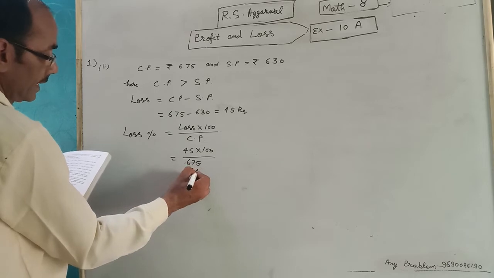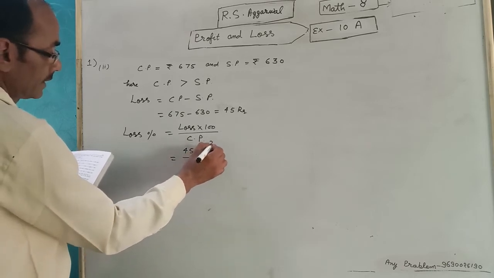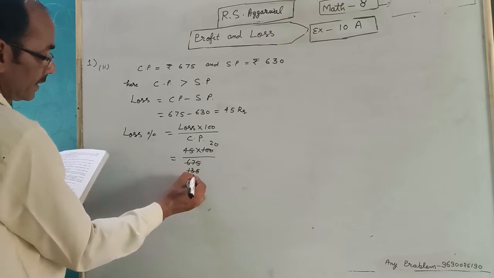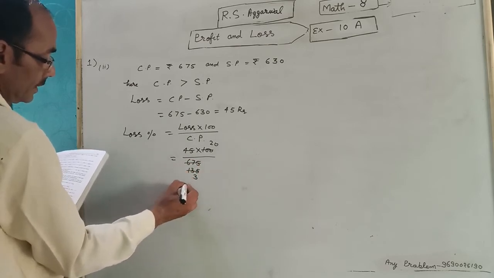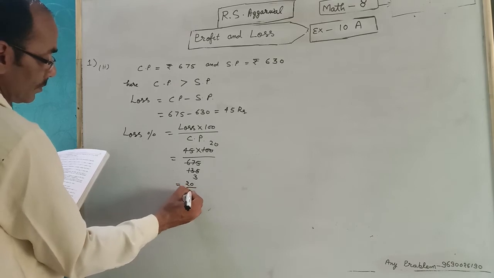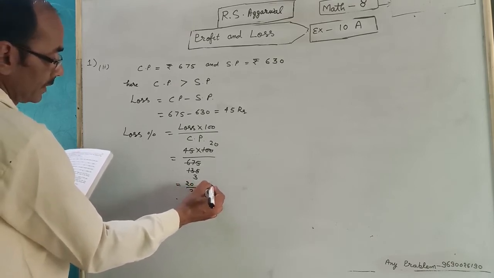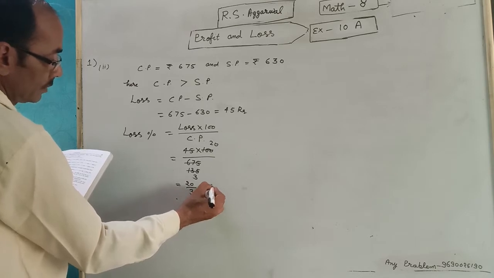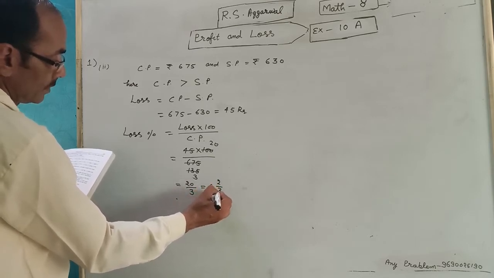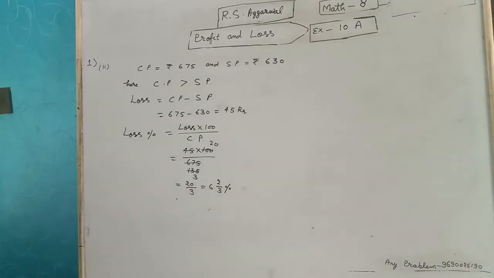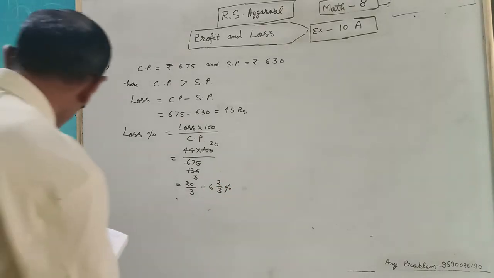That is 20/3, which is equal to 6 whole 2/3%. Question number first, second part is complete.